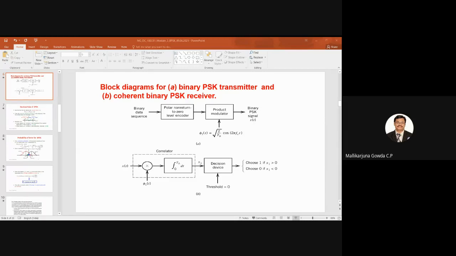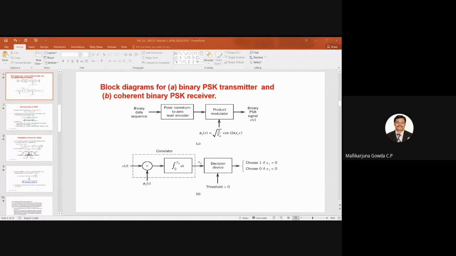And how do we express this s of t mathematically? For symbol 1 we call it s1 of t, equal to square root of 2 Eb by Tb cosine of 2 pi fc t.